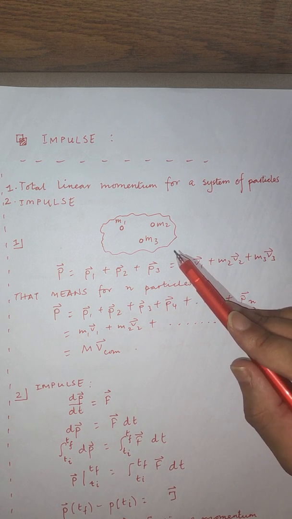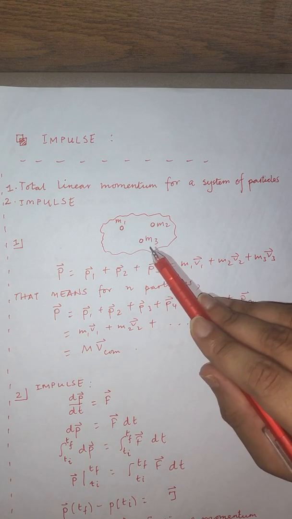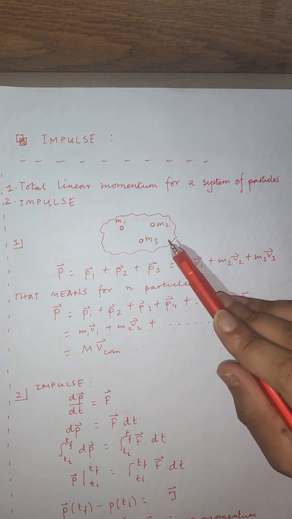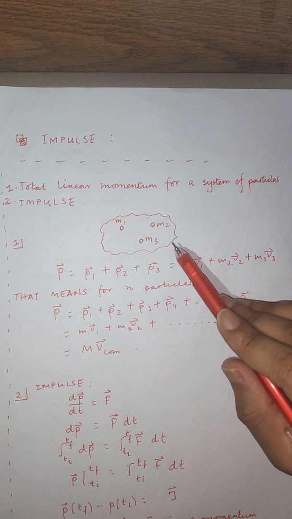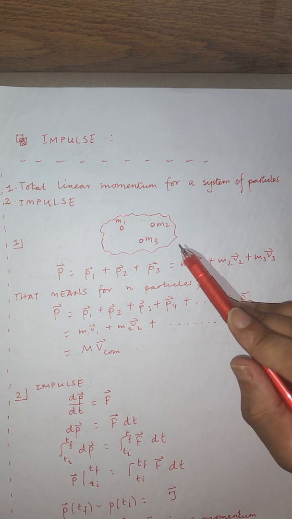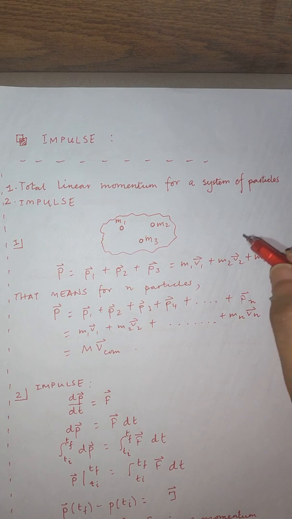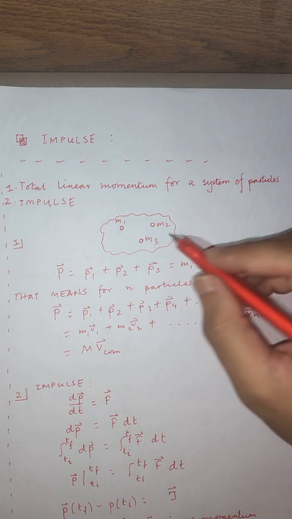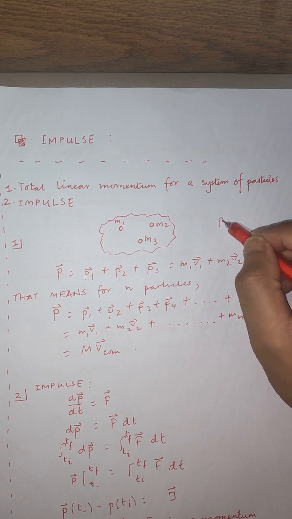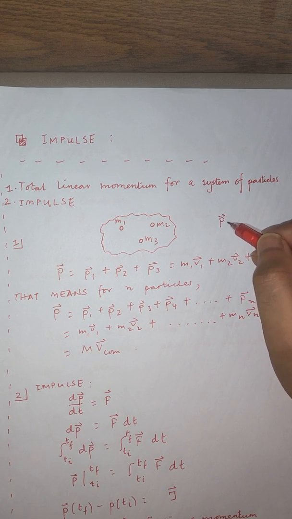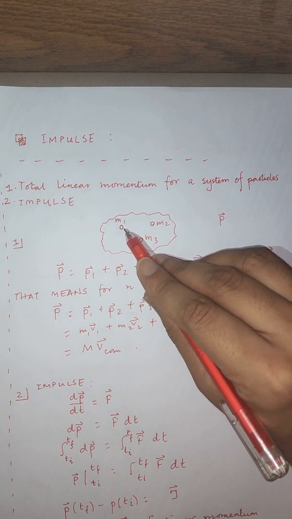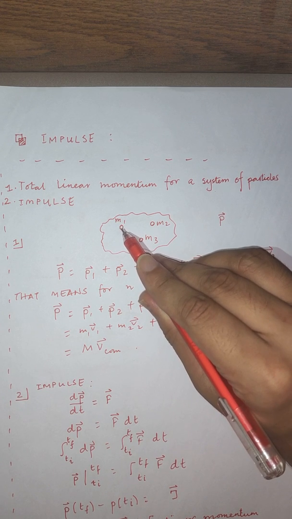Here I have a system of 1, 2, 3 particles. I repeat, this is a system of 3 particles, and note that if we talk about just a single particle m1, then we use lowercase p to denote the linear momentum of that specific particle.